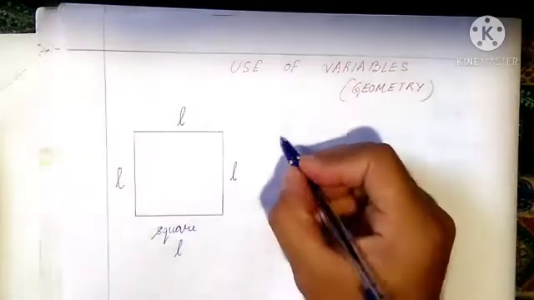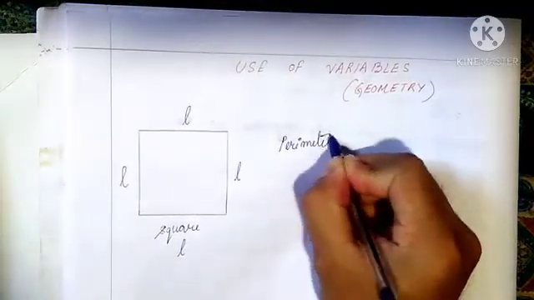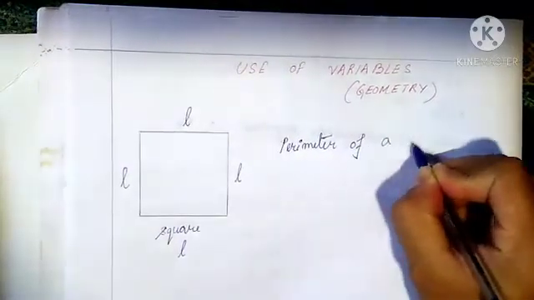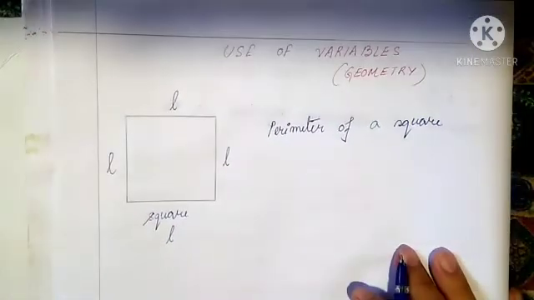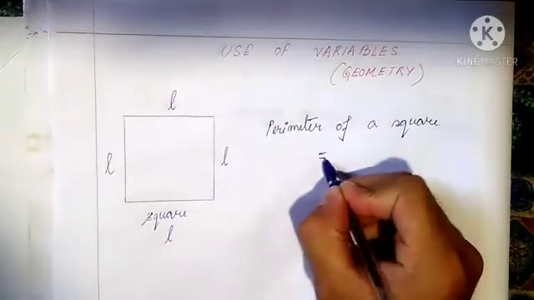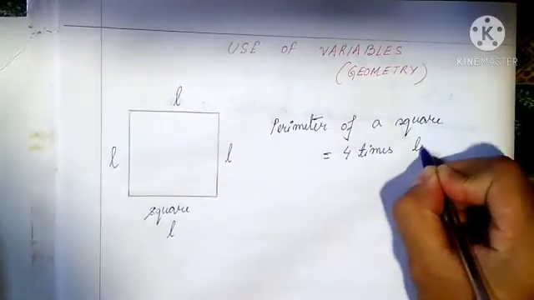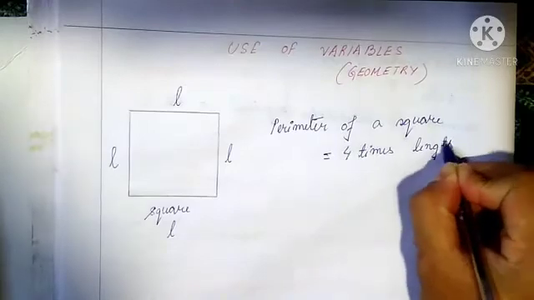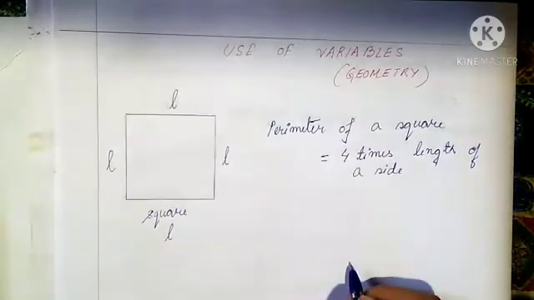Do you still remember the formula for the perimeter of a square? Yes, it is 4 times the length of a side.